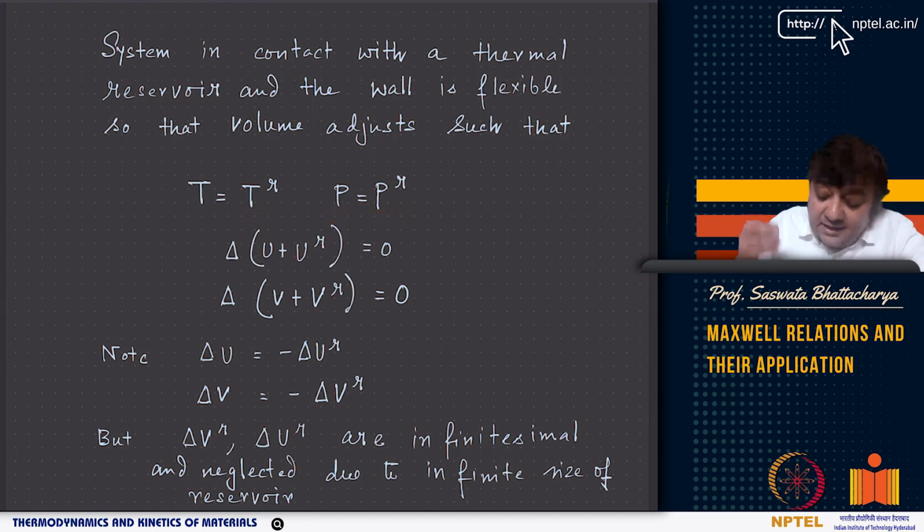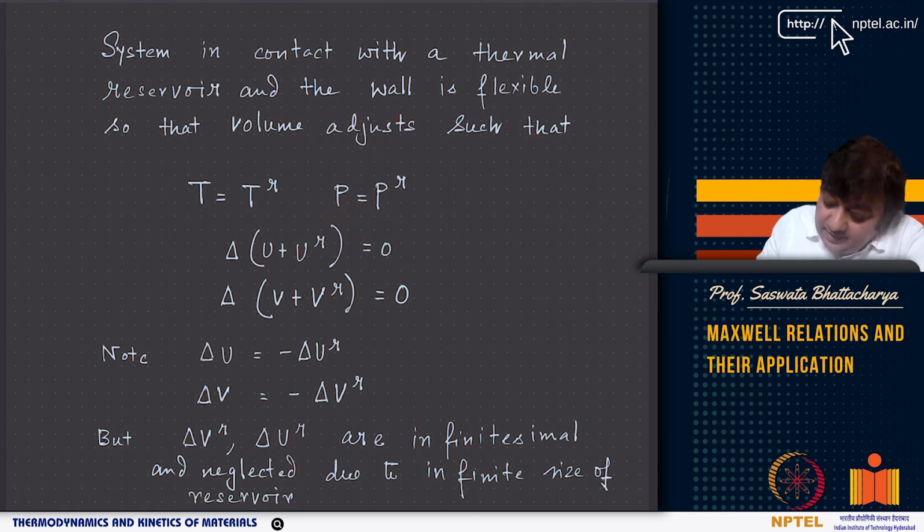So basically you have a system that is in contact with the thermal reservoir, but now the wall between the system and the reservoir is flexible so that the volume adjusts in such a way that the pressure inside the system is equal to the pressure of the reservoir, right?